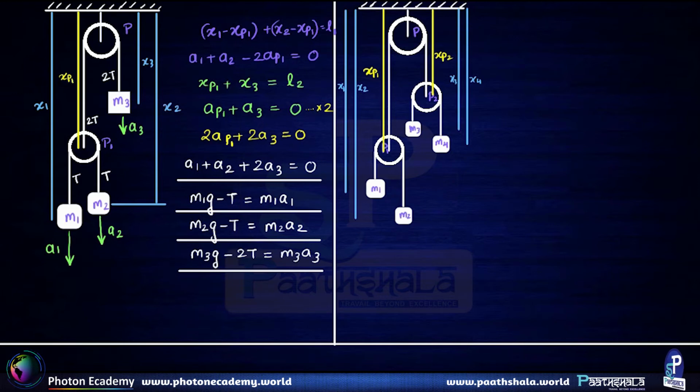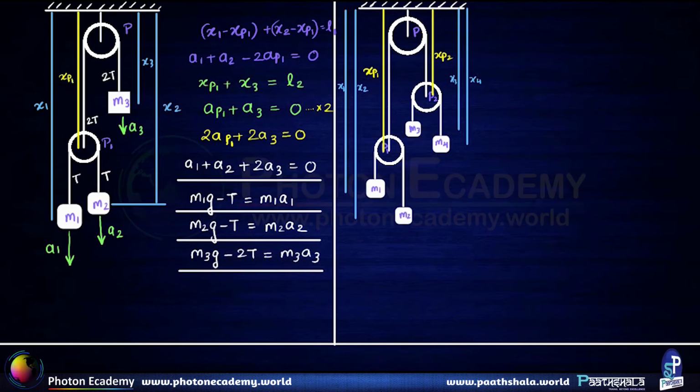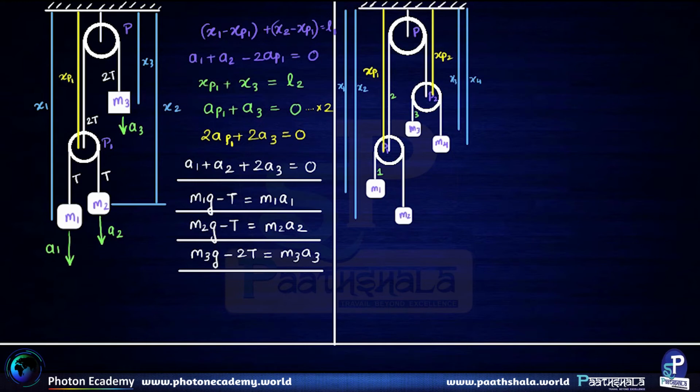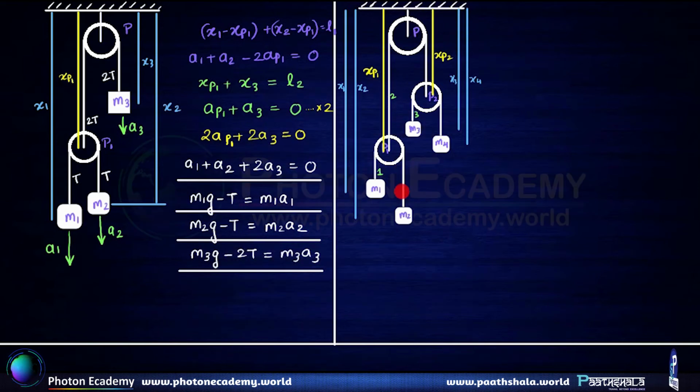On analyzing the constrained motion relation, here there happen to be 3 strings instead of 2. So let me label the strings as well. So let this be string 1, let this be string 2 and let this be string 3. So for string 1, the length of string 1, clearly this part varies as x1 minus xp1 and this part varies as x2 minus xp1.